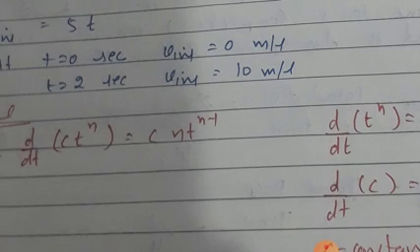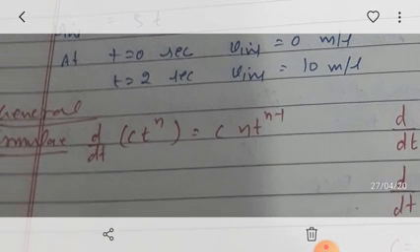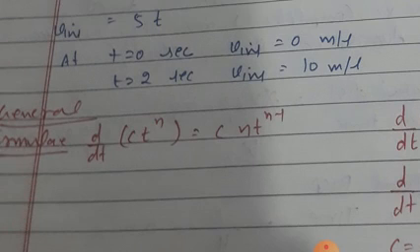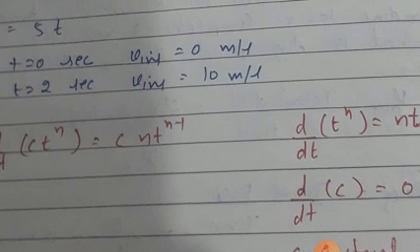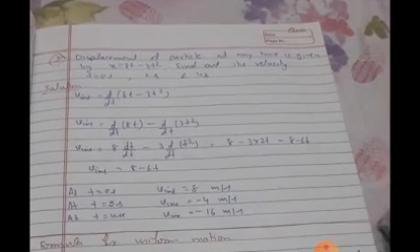And third, d/dt of c t^n, where c is a constant, just like in our numerical we had 2.5 into t². So c is a constant, 2.5 was the constant, so we can take 2.5 outside the bracket. It is taken outside and the rest, t^n, is solved on the same basis, and we'll write n t^(n-1). Let us do one more numerical on this concept.